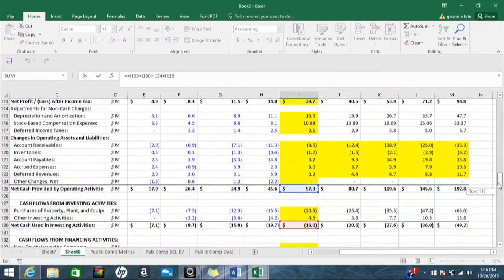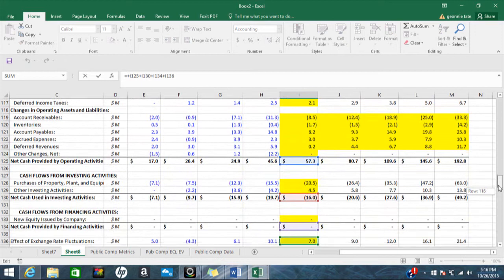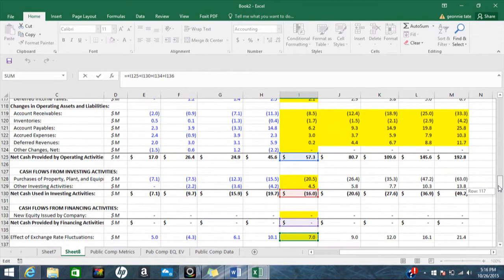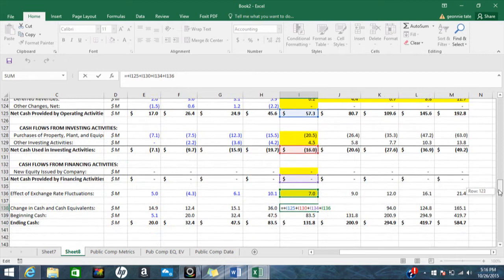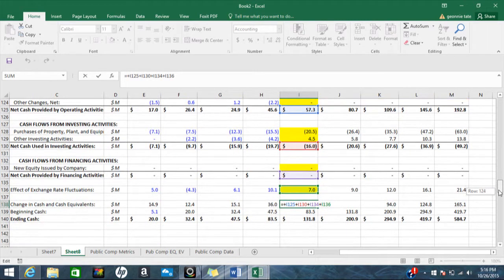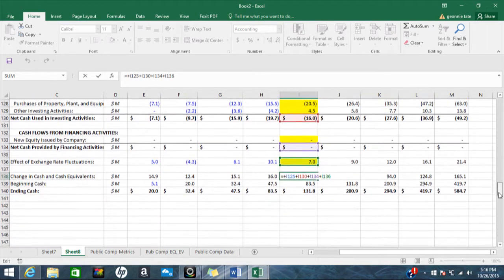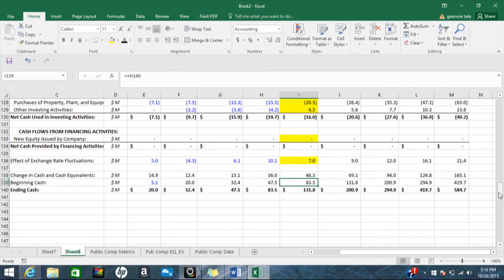Have cash provided by operating activities plus cash used in investing activities plus net cash provided by financing activities and effect of exchange rate fluctuations. That's correct. Everything is right.